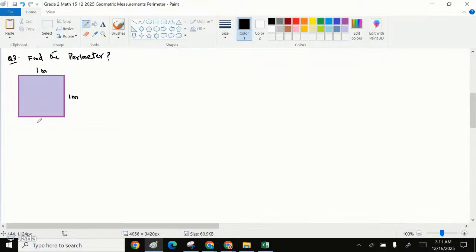The question can also give us one side, but they would tell us this is a square. So when anyone speaks of the word square, we know all sides are equal. Okay, so let's add all sides together.